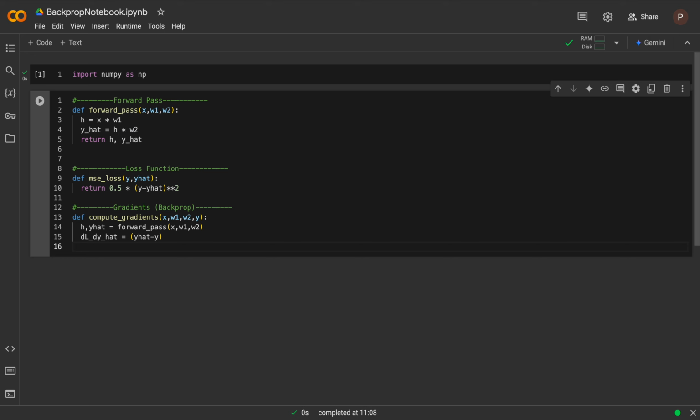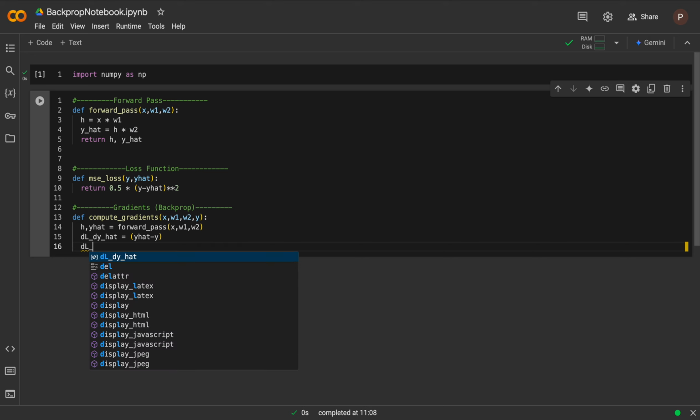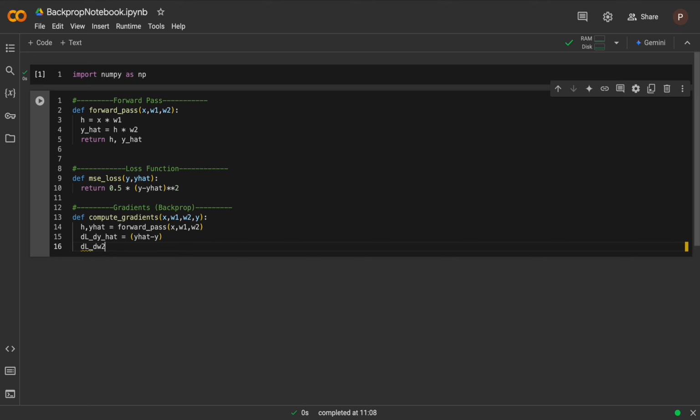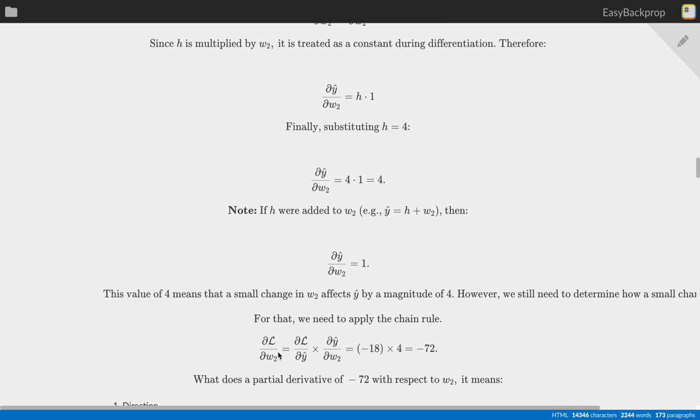Okay. Then we also need the dl_dw2, and that is going to be equal to dl_dy_hat over here multiplied by h. So over here, this is the partial derivative of the loss with respect to w2. Okay, so this is essentially implementing the chain rule over here.